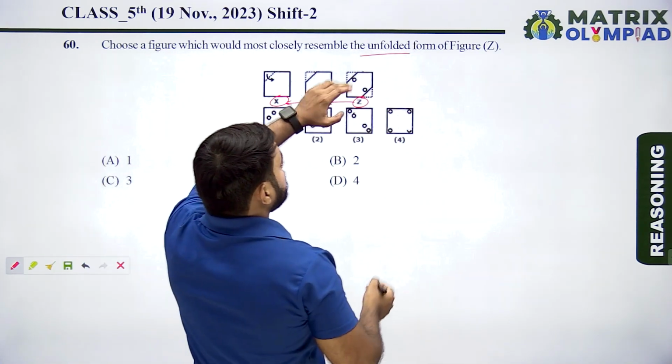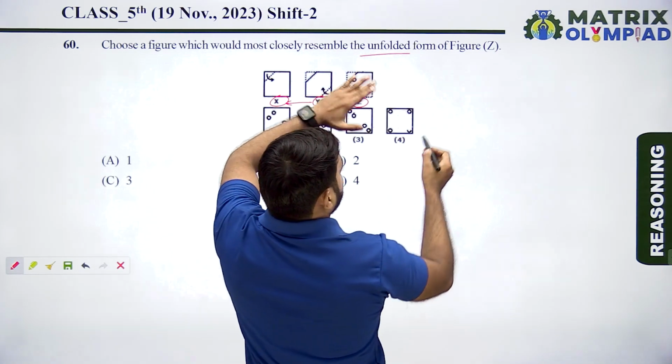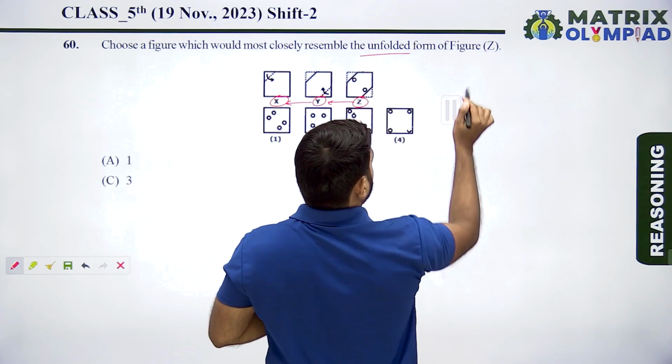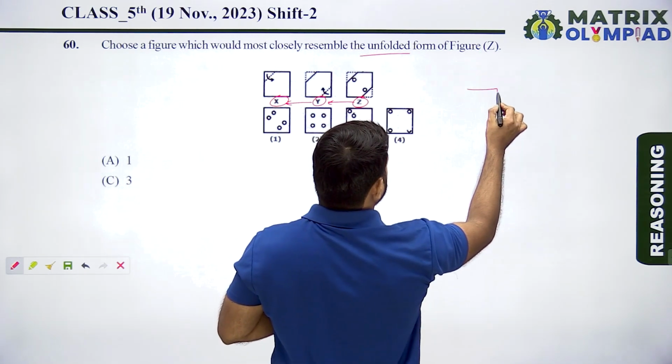So first find the mirror image of Z. So the mirror image of Z looks like as follows.